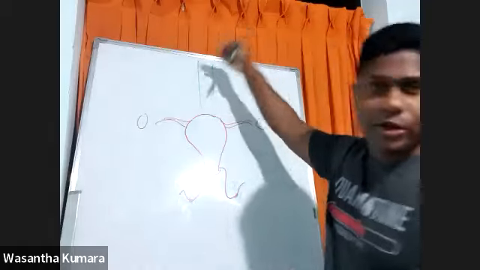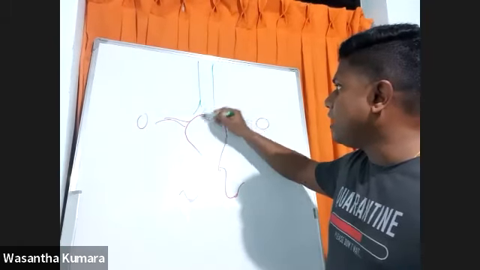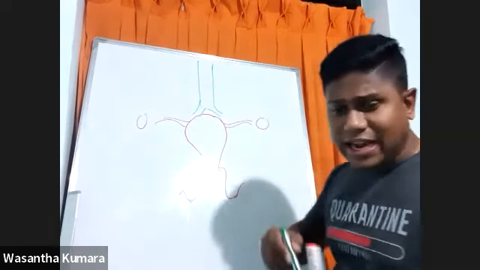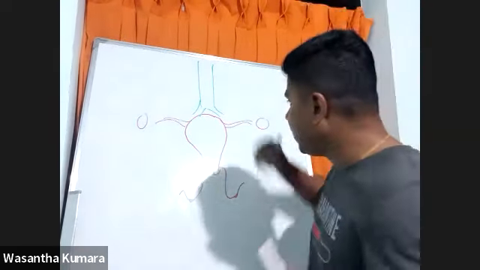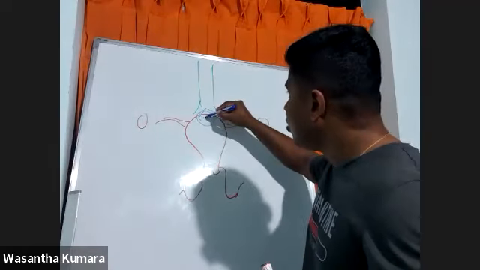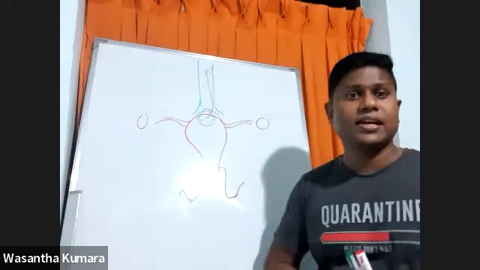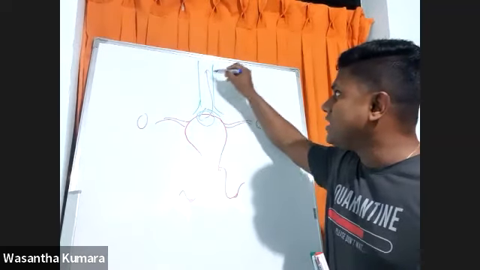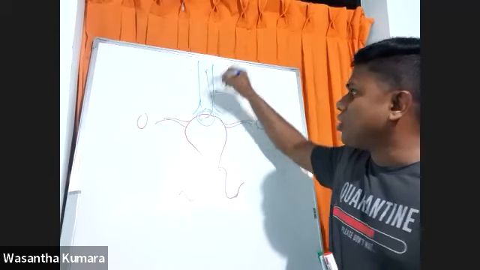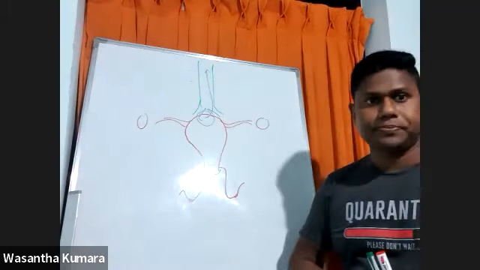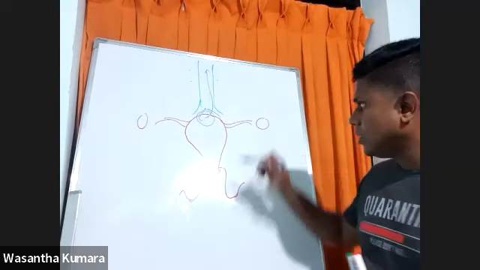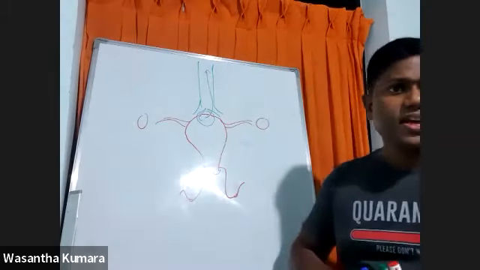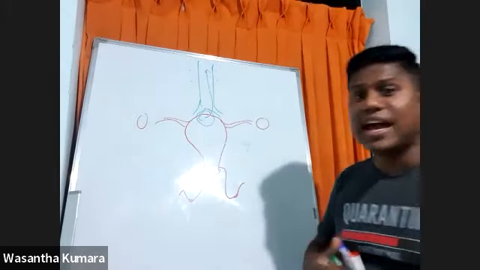So this is the abdominal aorta on the back side, divided into common iliac like that. Fundal lymphatics from the fundus, this area, drain into aortic lymph nodes, like para-aortic on either side. From the body of the uterus, they drain into the external iliac lymph nodes.